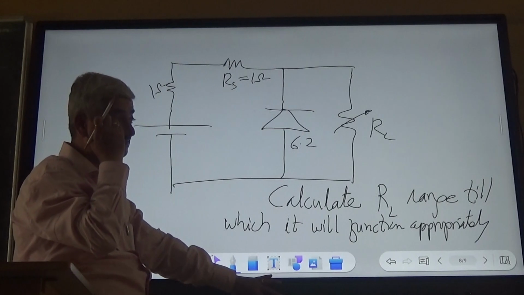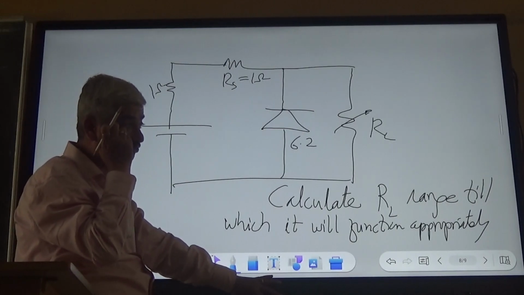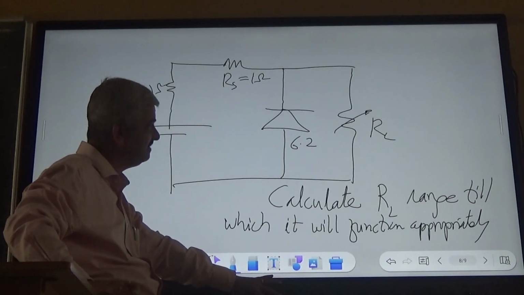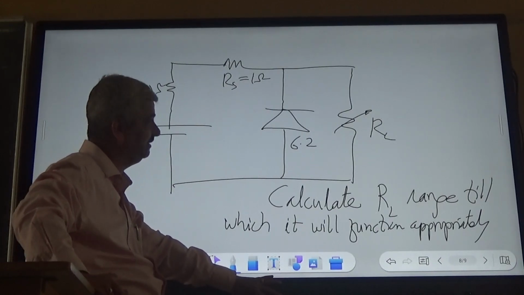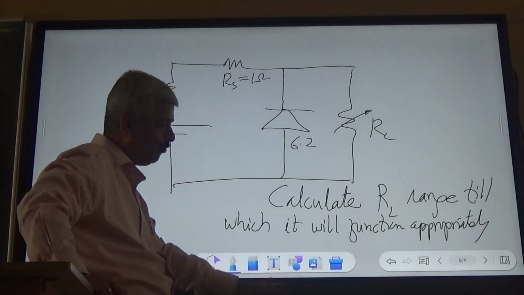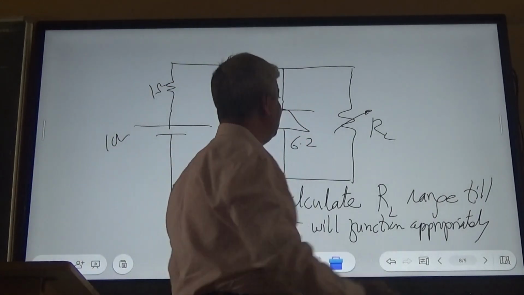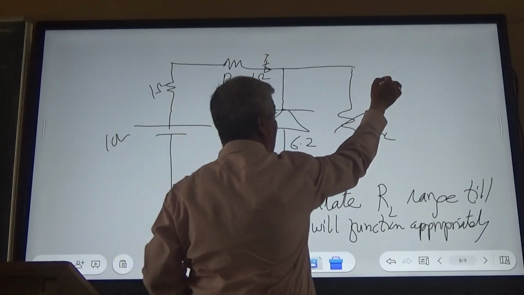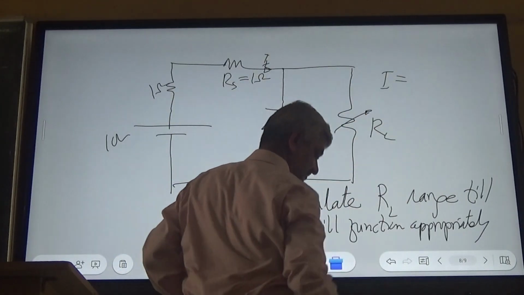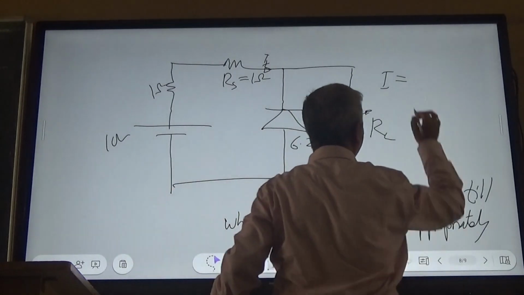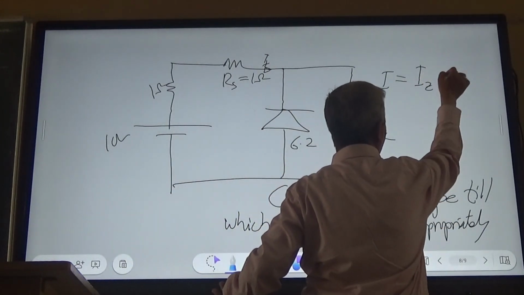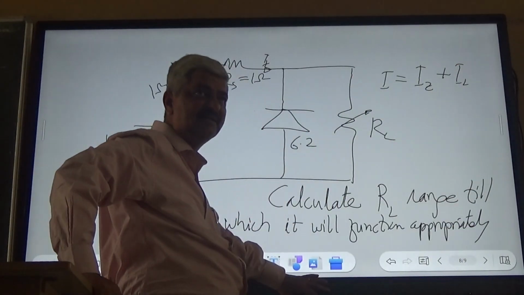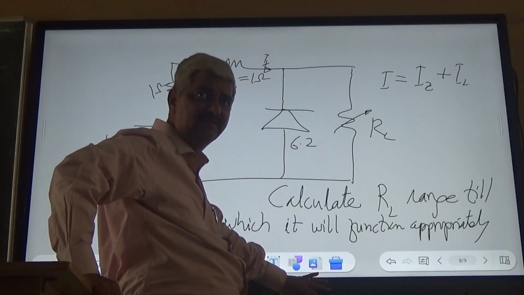It's not wrong, but I will explain a simple, easily understandable idea. So, what is it? I is equal to what? Iz plus IL. I is Iz plus IL. Right?